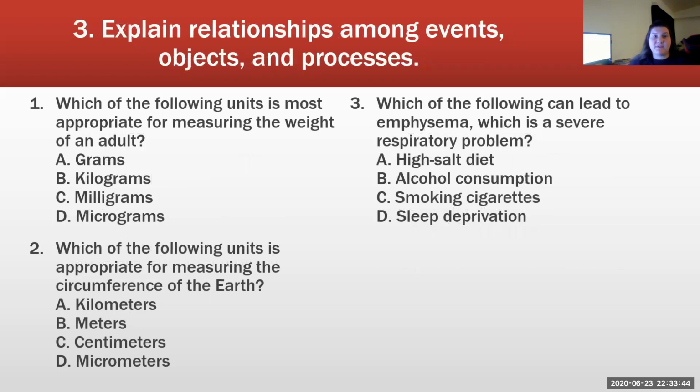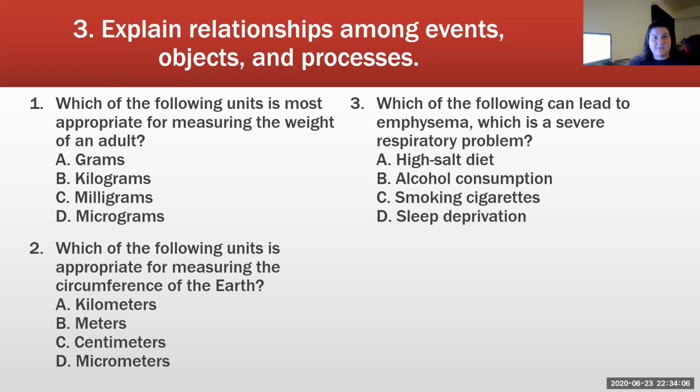Which of the following units is most appropriate for measuring the weight of an adult? This is no different than measuring the length from LA to San Francisco. We're just using it on a different medium. We're measuring the weight of an adult. Grams, kilograms, milligrams, or micrograms.